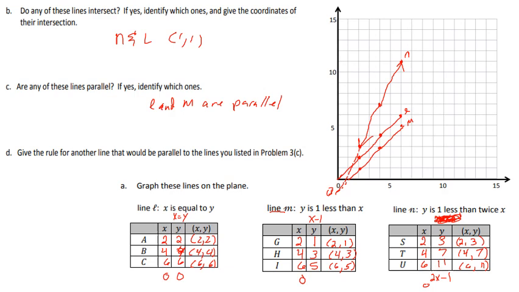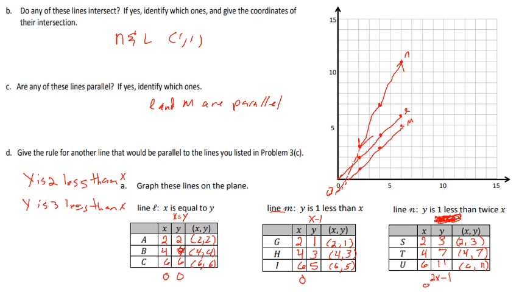So I could have said, for this one here, y is 2 less than x. Or I could have said y is 3 less than x. And that would have all kept on making them parallel and go down.